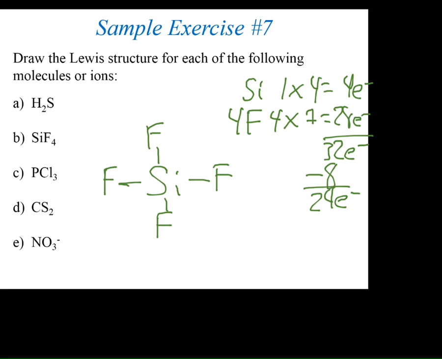So how many more electrons does each fluorine need? So right now this fluorine has 2, right? Every fluorine has 2 right now. So each one needs 6. So I'm going to give every one of these 6.